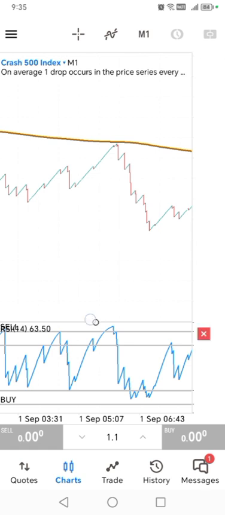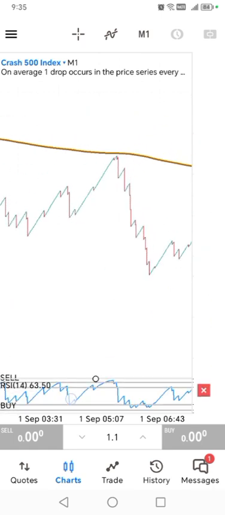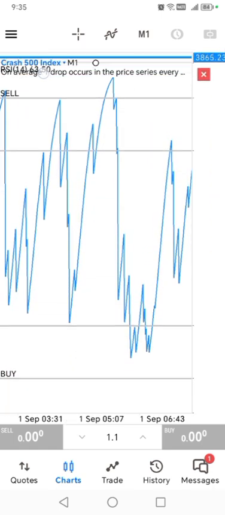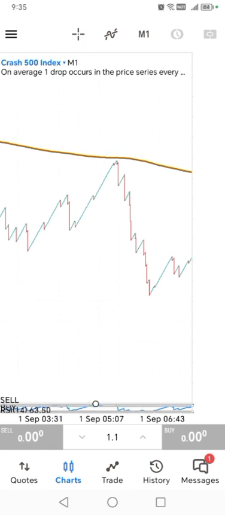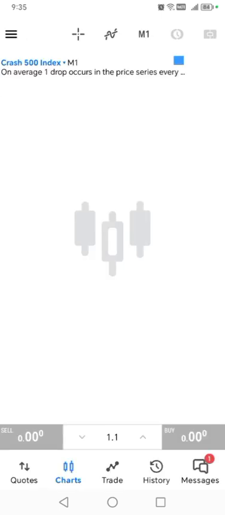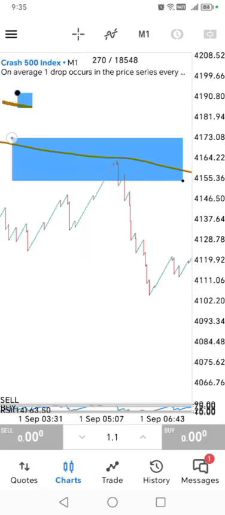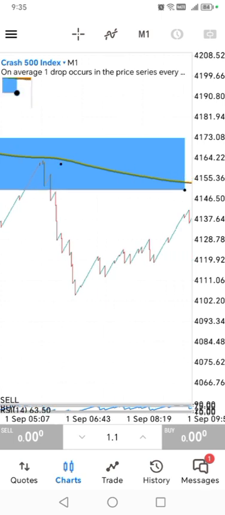We have this window, and then we have this window. You're gonna have to make sure that in this window, the market is trading below this moving average. You just have to make sure.